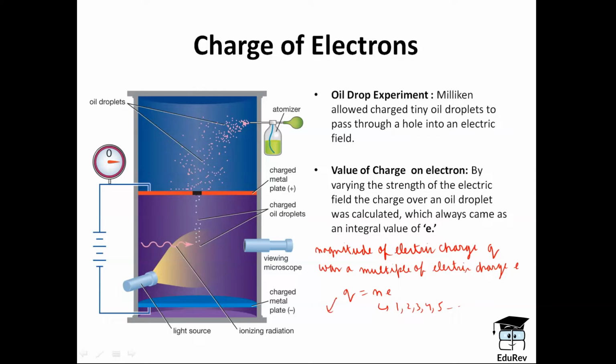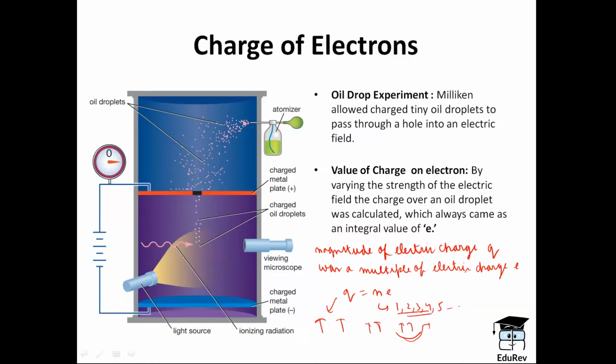So, this implied that when the magnitude of the electric field was increased, the charge also increased. When the magnitude of the electric field was increased very much, the charge also increased very much. But the rate of increase of the charge was in integral multiples.